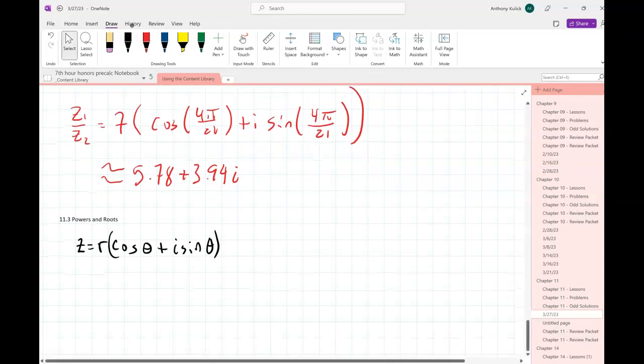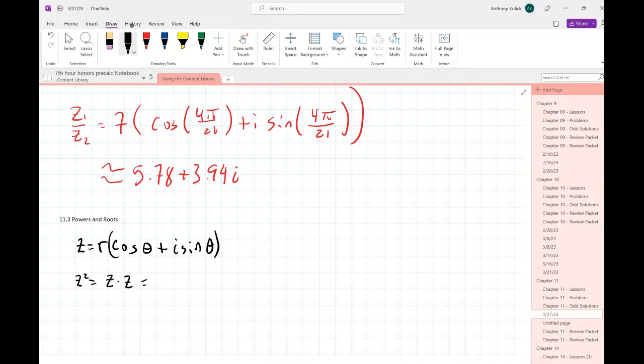So let's say we have some complex number in trigonometric form. z squared is just z times z, right? Well, if I use my multiplication rule that we just developed, I'll just multiply the r's and add the thetas.